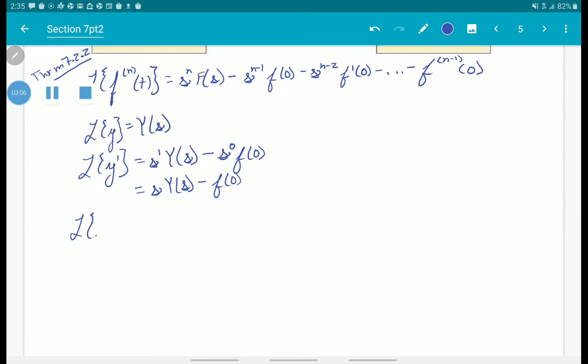Let's look at the second derivative. We're applying this definition. Now our n is 2. So this is going to be 2 minus 1, which is 1.